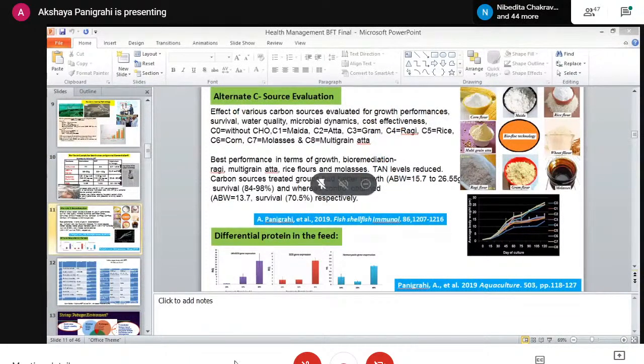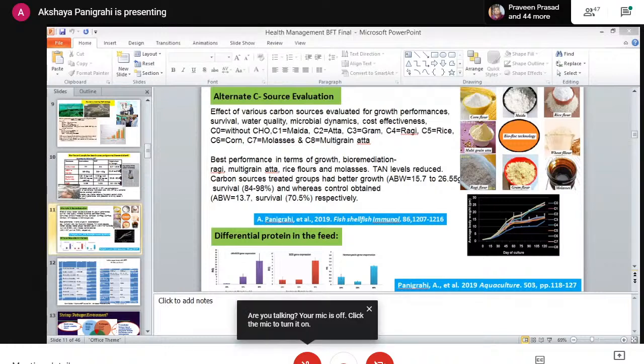In some places we also see the operculum deformity. This is in a species, generally a brachystoter milkfish. One of the farmers was farming at high density, and when there is a deficiency of vitamin, it causes this kind of disease. So many kinds of diseases we come across.